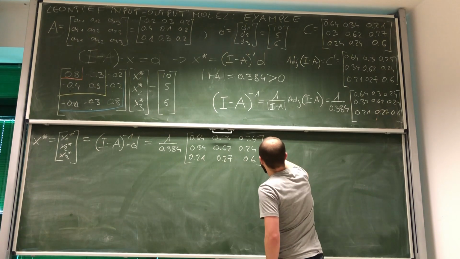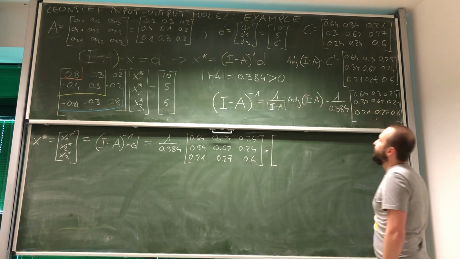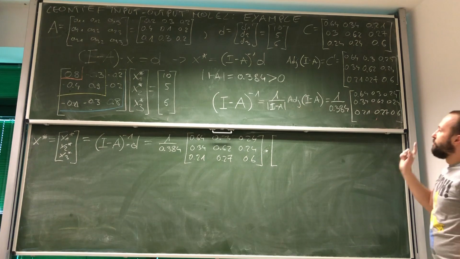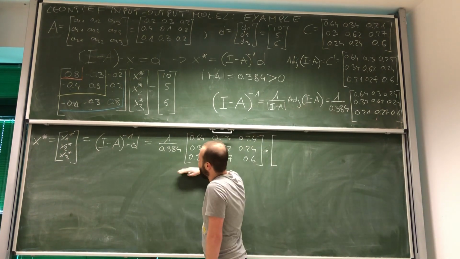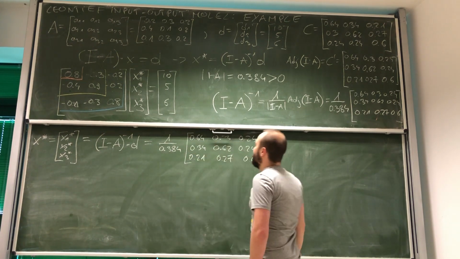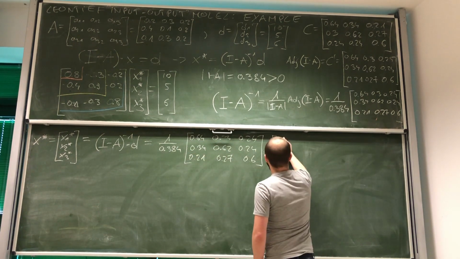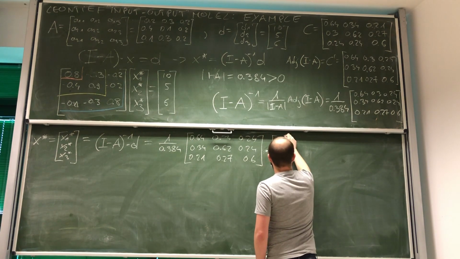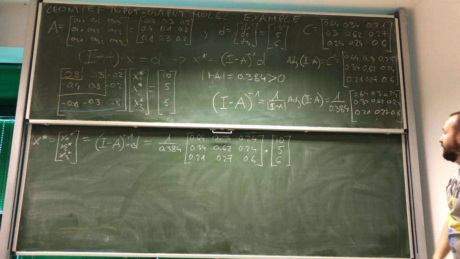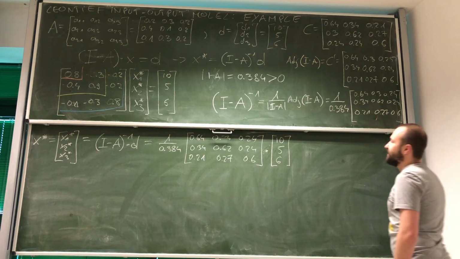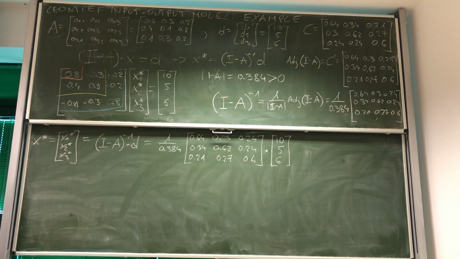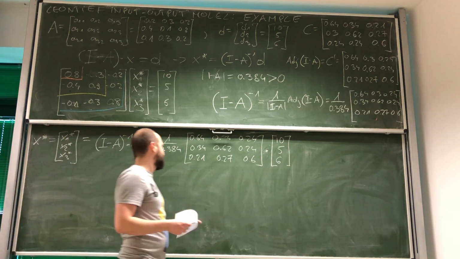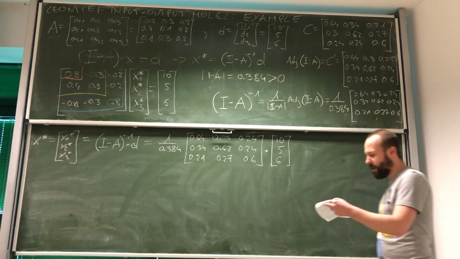Oh, and now what we need to do is to multiply inverted Leontief matrix by vector of final demands. Okay, and unfortunately this is a very unpleasant and very time-consuming exercise that it's better done with a calculator.